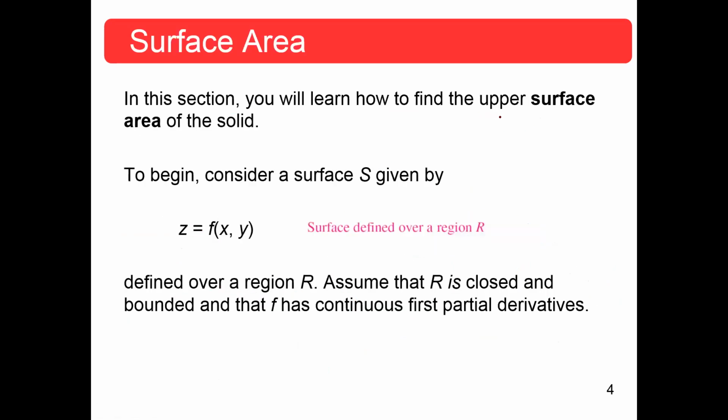Next, we want to talk about how we find the upper surface area of the solid. Let's consider a surface given by z equals f of x, y defined over a region R. Let's assume region R is closed and bounded, so all the boundary points are in R. Function f has continuous first partial derivatives, so f is differentiable.